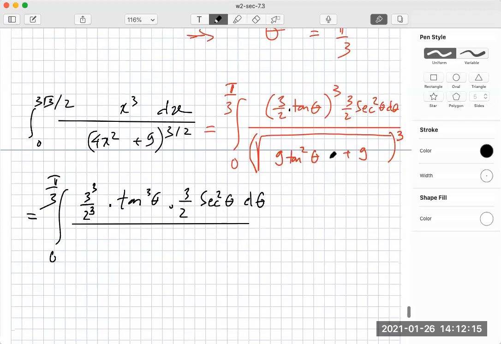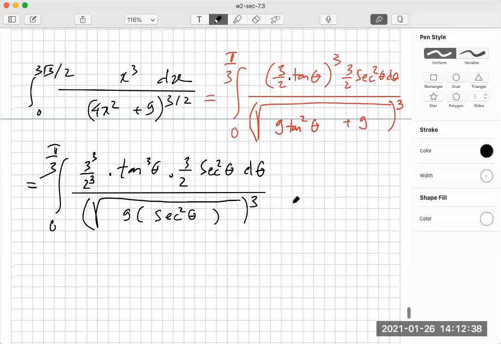And this guy, we factor 9 out. Inside will be tan squared plus 1, which will be secant squared. You agree?